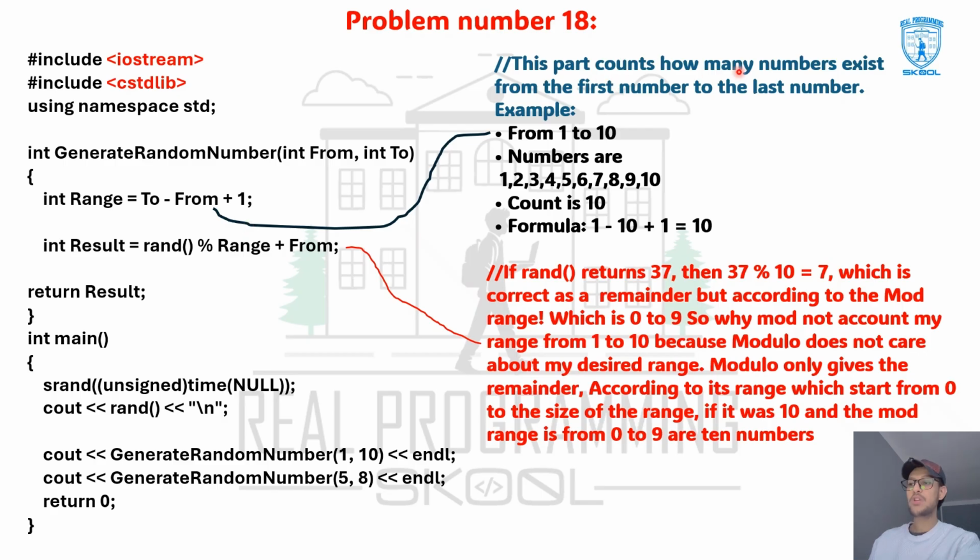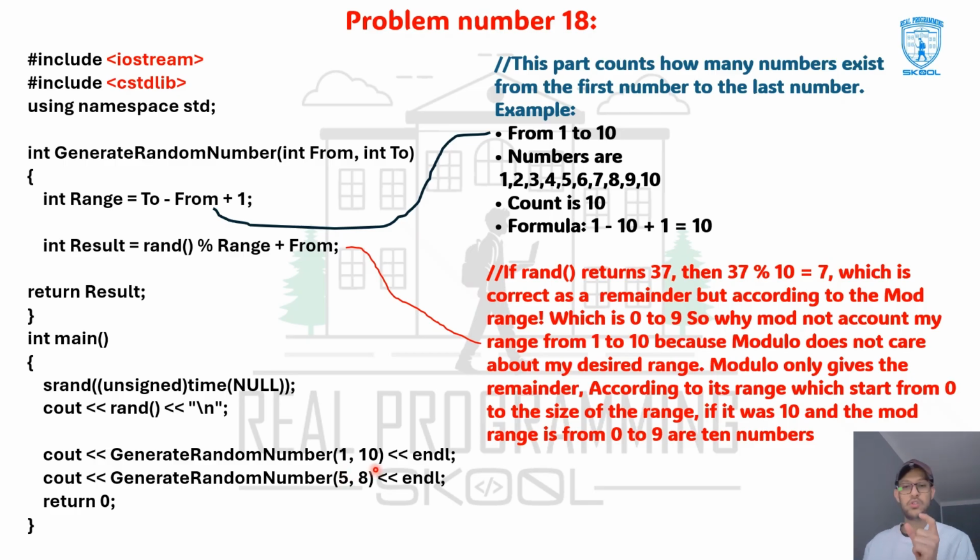This part counts how many numbers exist from the first number to the last number. And I give you an example here. Even if you do not understand it, I will explain it more and more now, and in Visual Studio also. For example, the first time I called my function generate random number, I put 1 and 10 in its parameters.